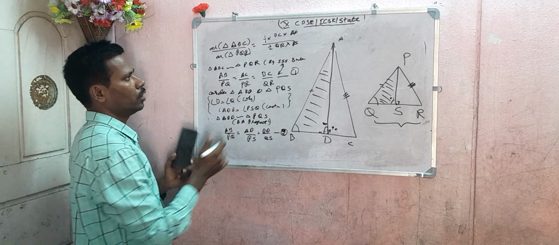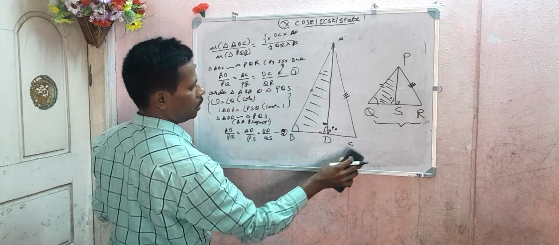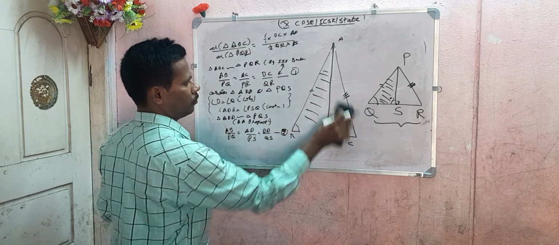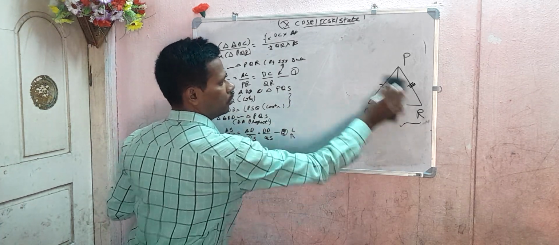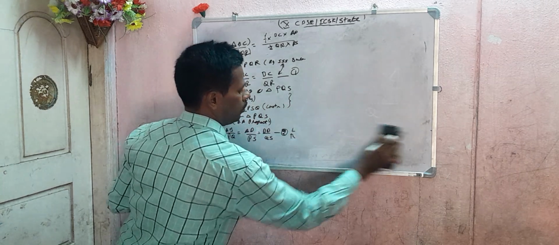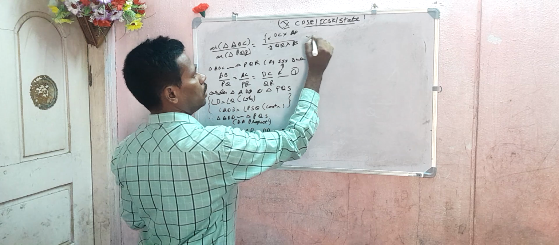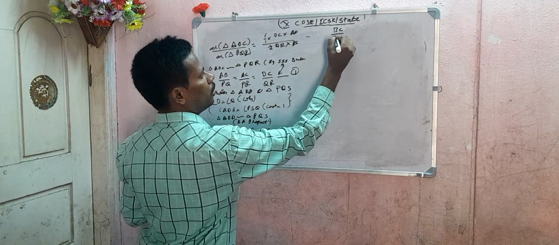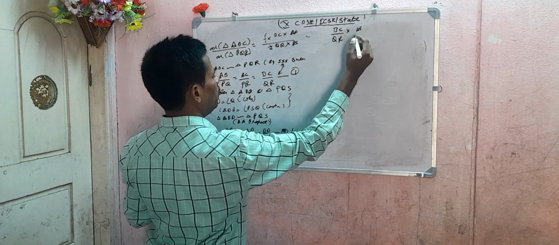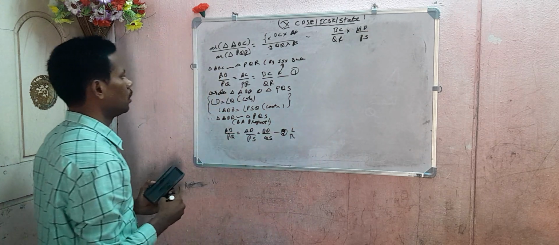Now this and this can cancel. Now what you can say here is BC by QR into AD by PS.